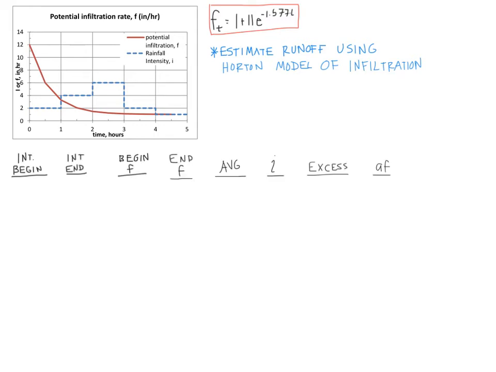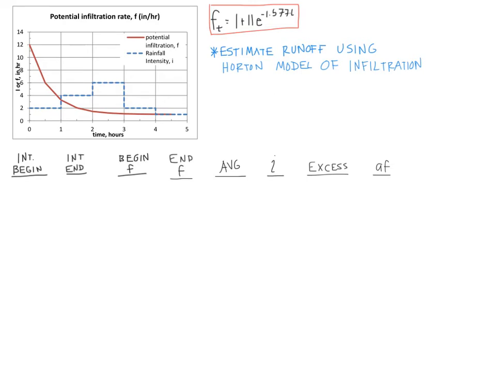I'm going to do this by setting up a table that we'll fill out together. I've set up this table, and I'll explain each column. The first one is the interval begin, the time at the beginning of the interval. Interval ending is the time at the end of the interval. Then I'm going to use those times to figure out with my equation the beginning F infiltration, the ending F, and then I'm going to just use an average of those two values.